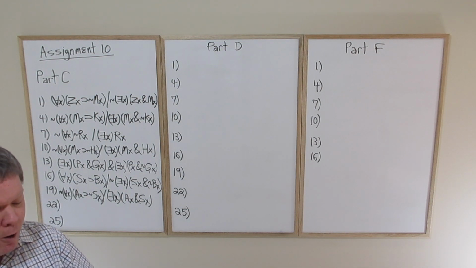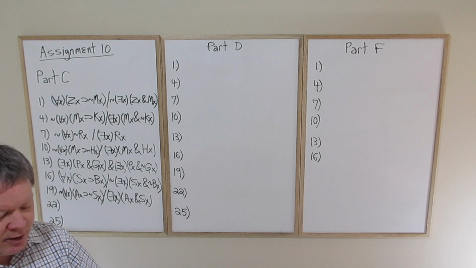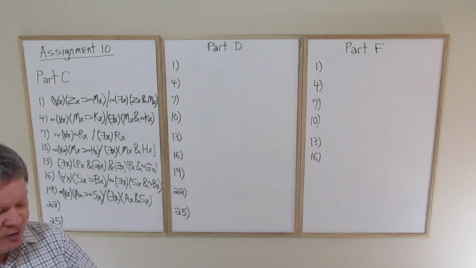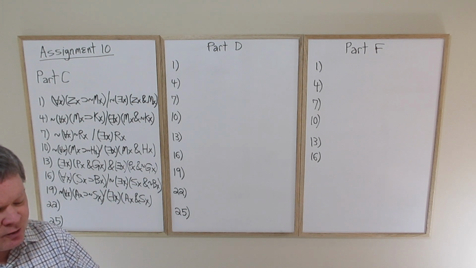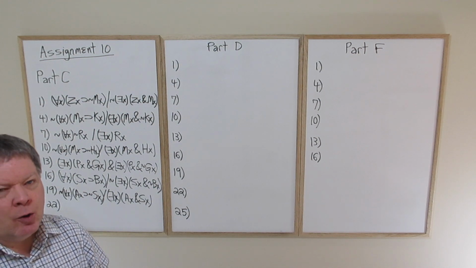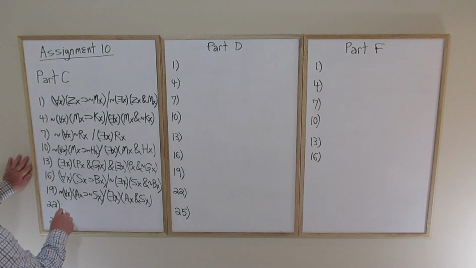22. All and only circles are perfect. So we've got Cx, x is a circle, Px, x is perfect. All and only. What we have here, you've probably guessed, is a conjunction of two A-type sentences.